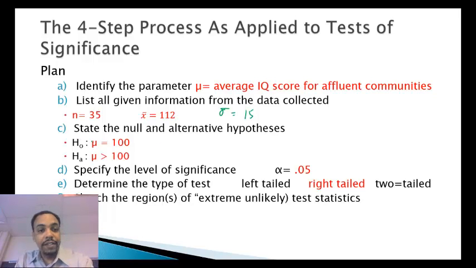The null hypothesis for this class will always be equal to some hypothesized value. So if from the background information the mean was bigger than 100, then of course the null will be equal to 100.